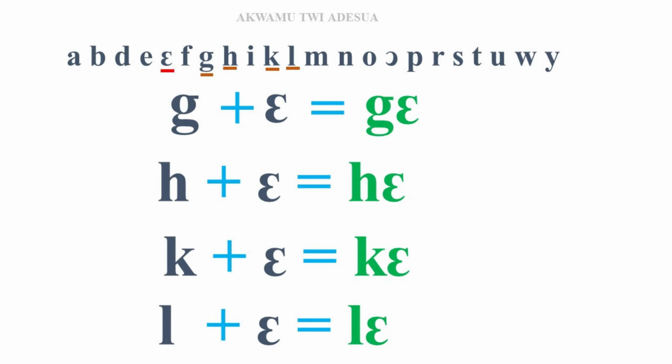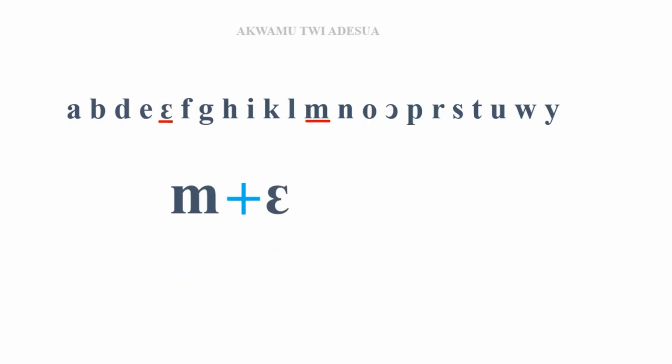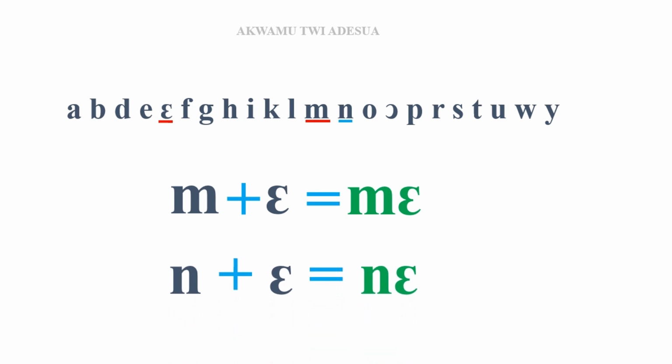M plus, which is the M, will also give us Me. N plus, which is the N, will also give us Ne.